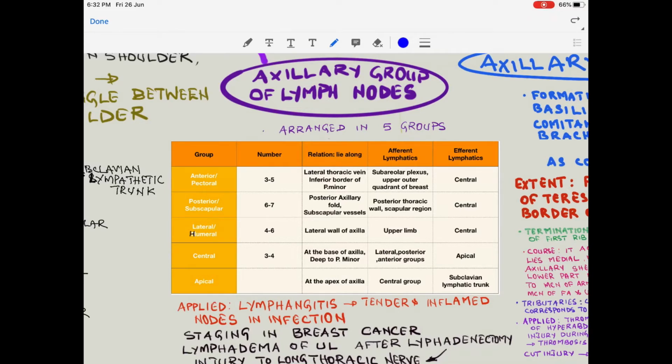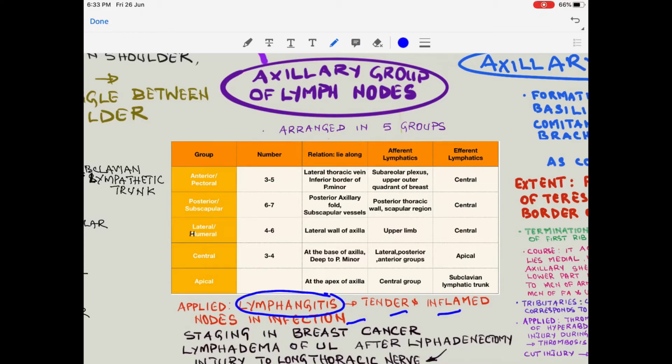The applied anatomy: in case of any infection in the upper limb, lymphangitis, that is inflammation of lymphatic vessels, can occur. In that the lymph nodes become tender and inflamed. Based on the number of lymph nodes involved, we can stage the breast cancer.